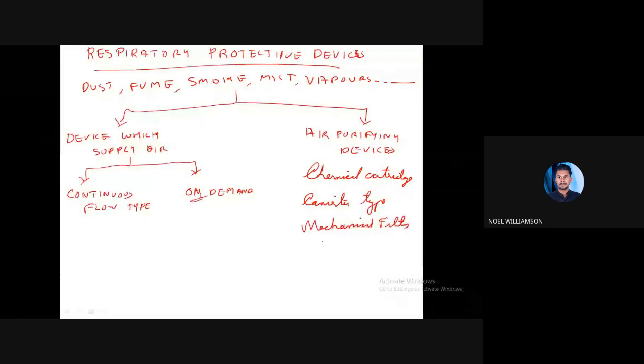So these are the three types of air purifying devices: chemical cartridge type, canister type, and mechanical filter type.